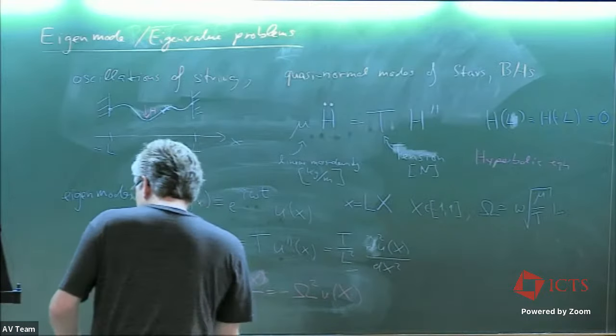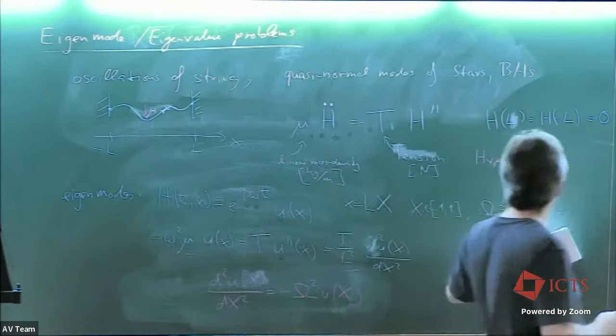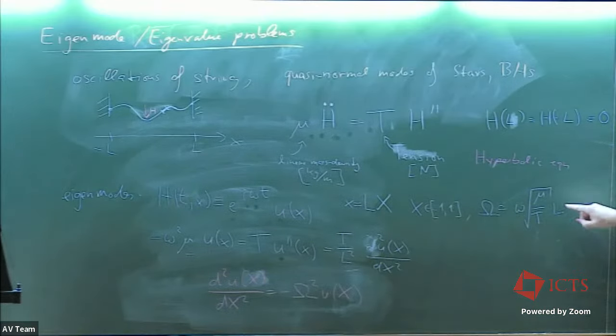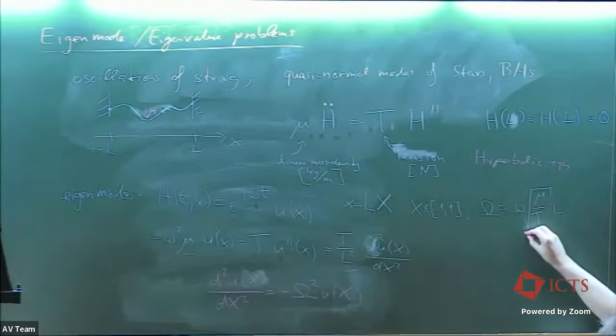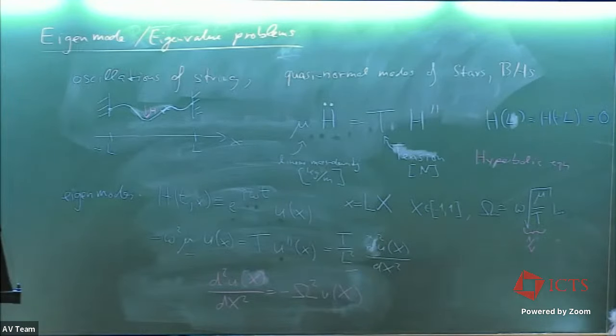And so this combination here that shows up in the redefinition of omega, square root of T over mu, is the velocity of the wave along the string. L is its length.